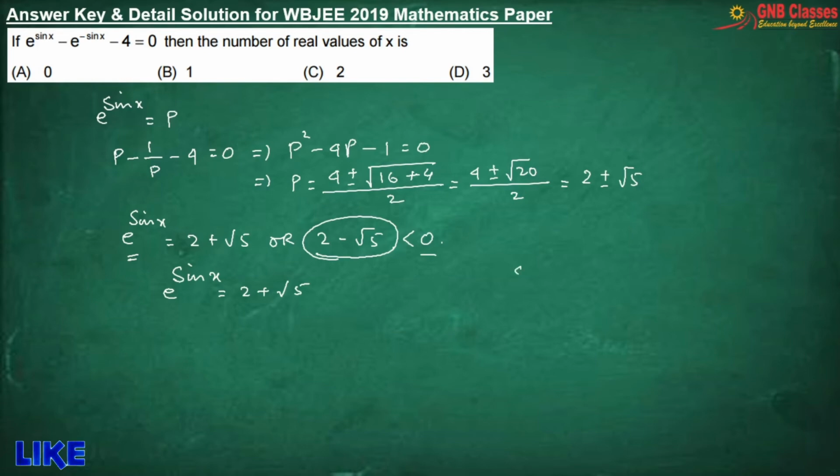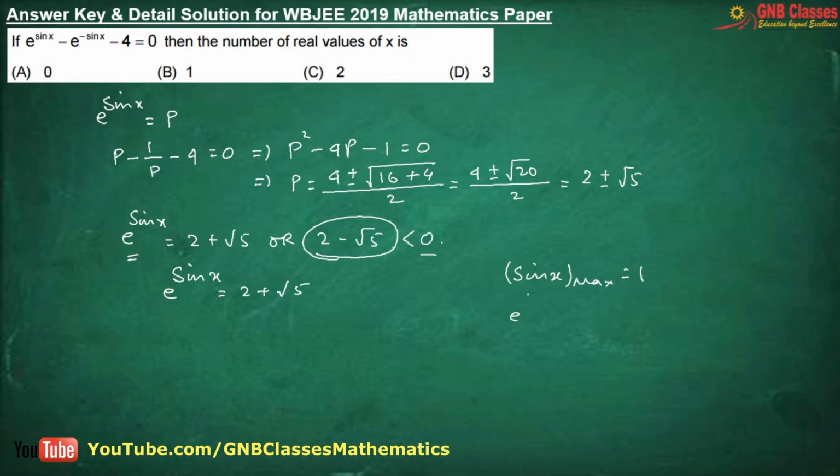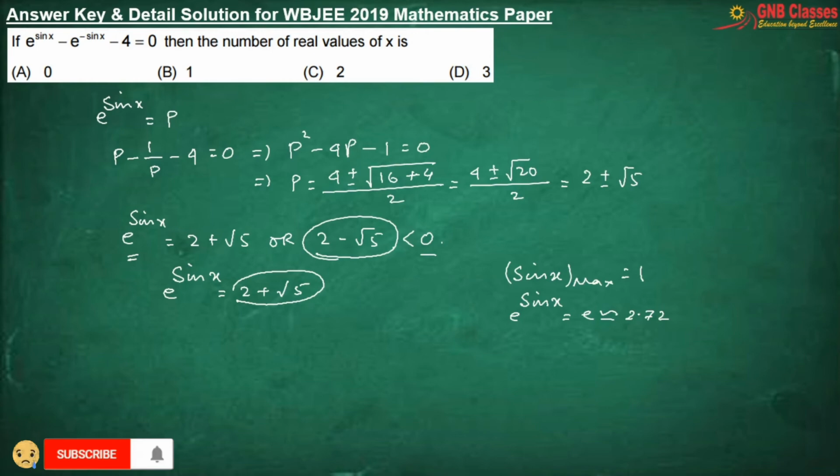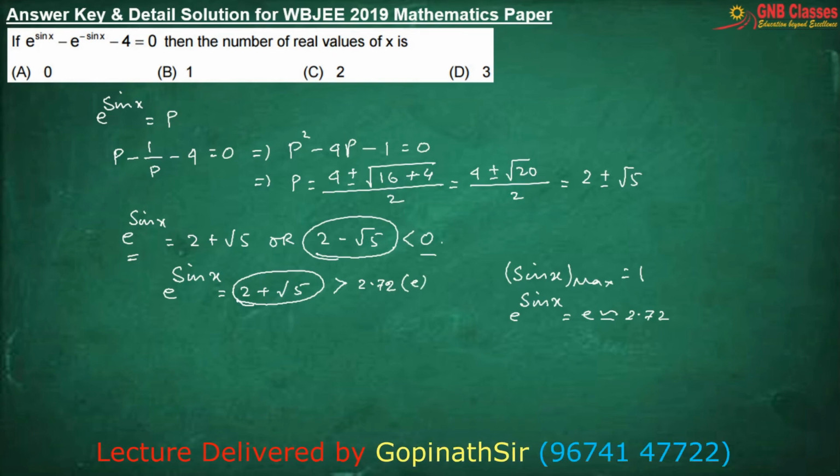Now you observe, the maximum value of sin x is nothing but 1. Therefore, the maximum value of e to the power sin x is e only, right? And e is approximately 2.72, right? But in this case, if you observe, we will find that this value is exceeding 2.72, which is your e.